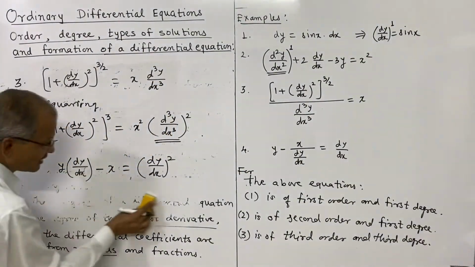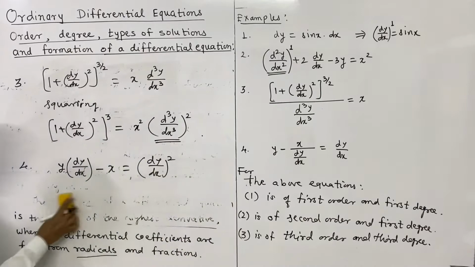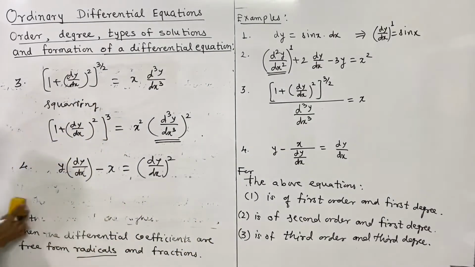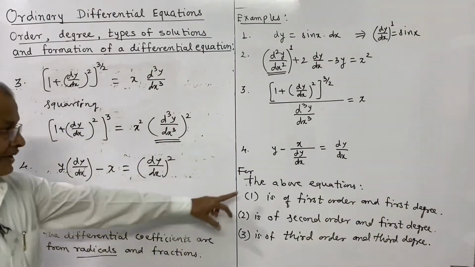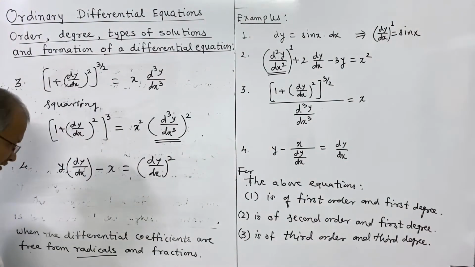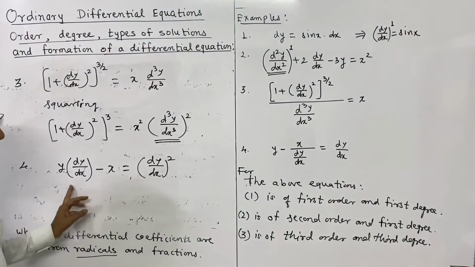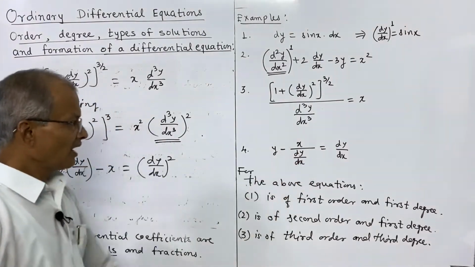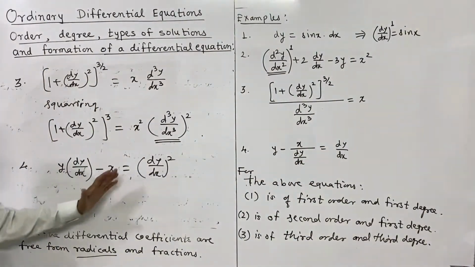And now decide its order and degree. What is the order of this differential equation? The highest order derivative involved in the equation. Now it is free from fractions. Earlier it was a fraction, x divided by dy by dx, and to make it free from fraction we multiplied by dy by dx. Now what is the highest derivative involved in it?